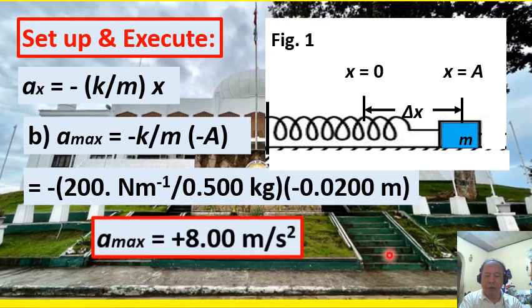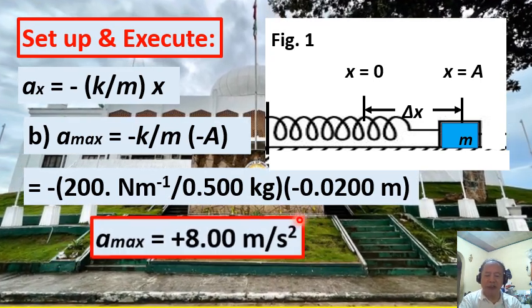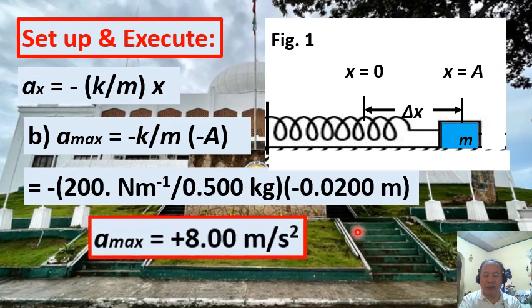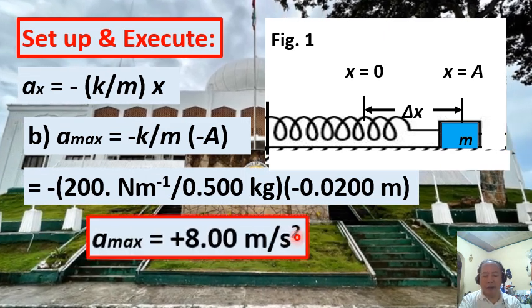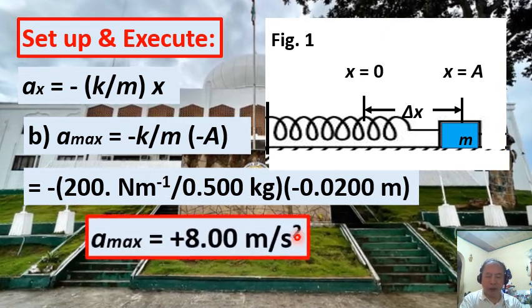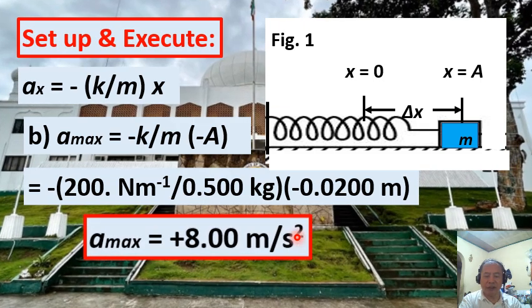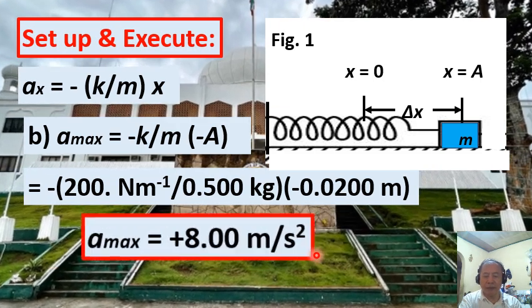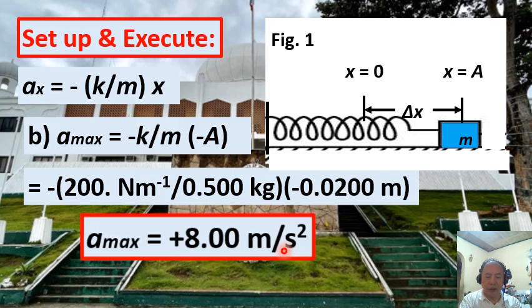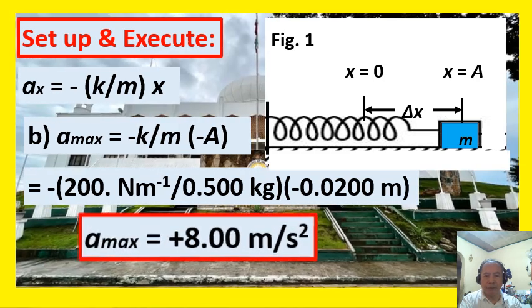Remember, in simple harmonic motion, the acceleration and the displacement always have opposite directions. If delta x is negative, acceleration must be positive.